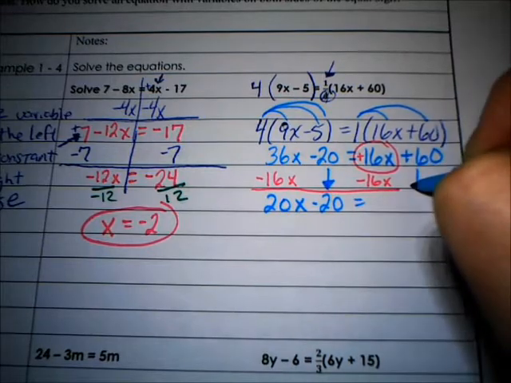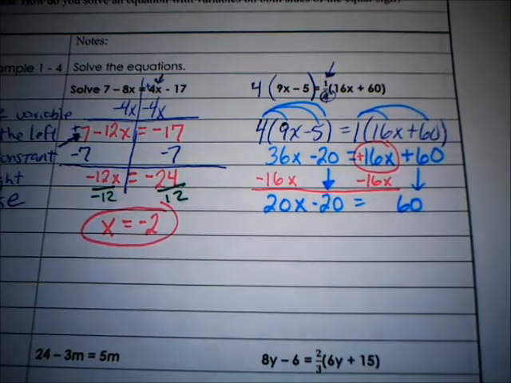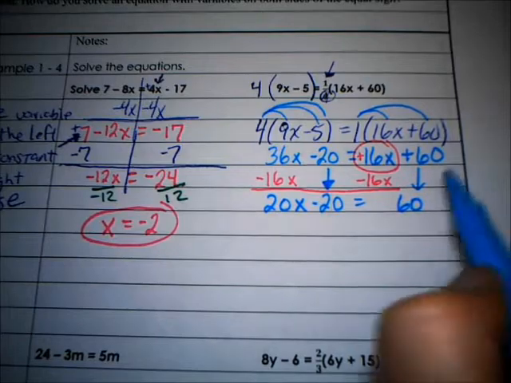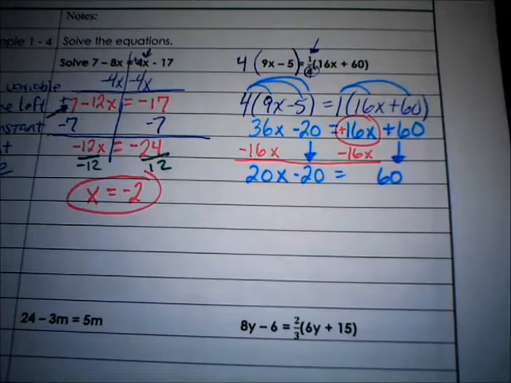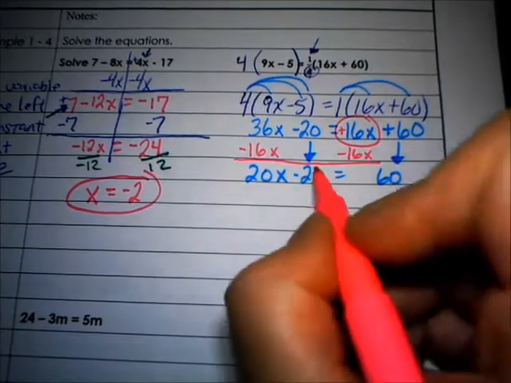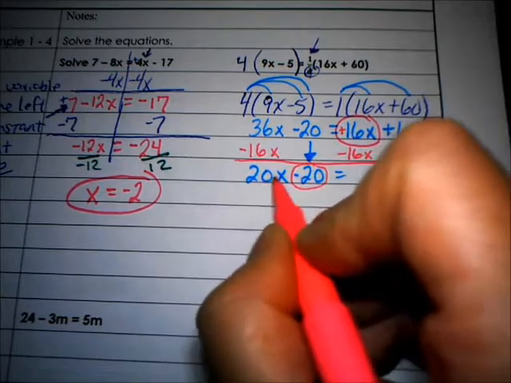Okay, your next step was move the constants to the right, and my constant is the number all by itself. This one's my constant because it doesn't have the letter. It has a subtract 20, so the inverse is to add 20.